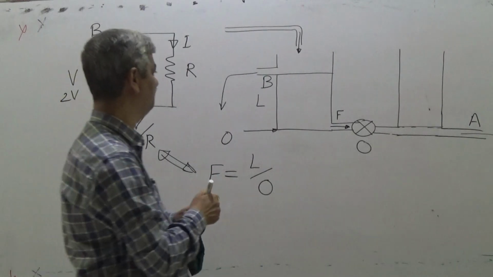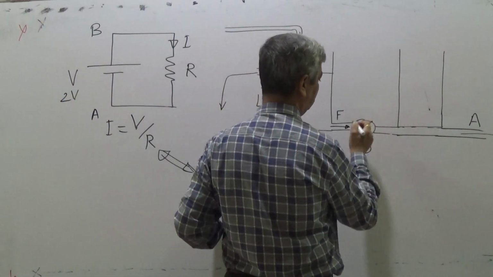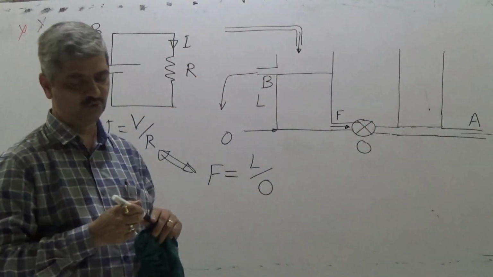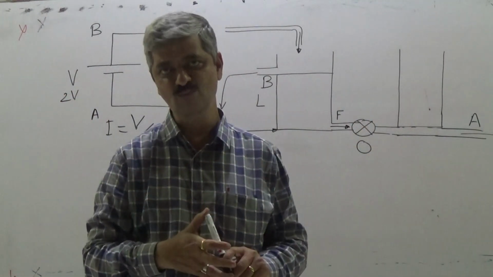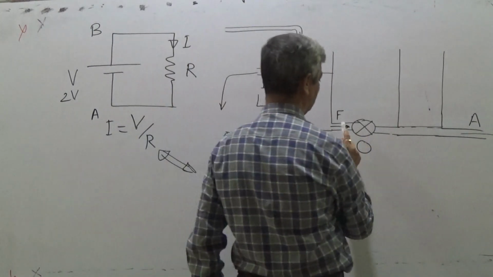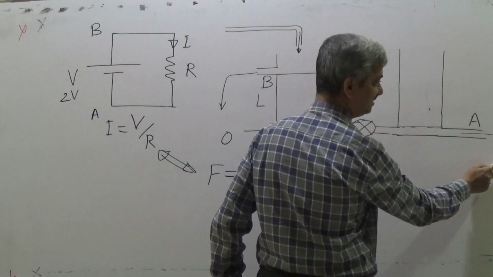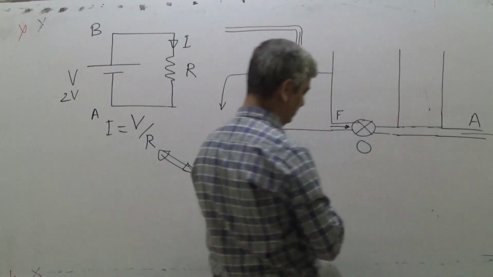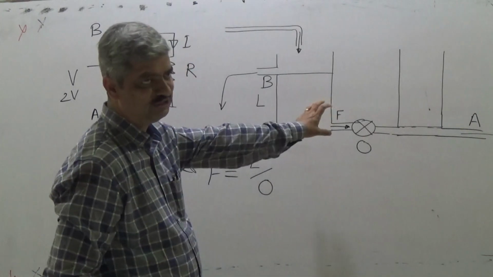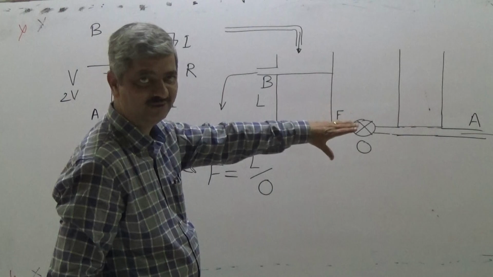So what will happen now? If this valve is closed more, more opposition, less flow. So this flow you can measure by putting a flow meter here or by actually collecting water from this drain and measuring using time. So if opposition is more, flow is less. If opposition is less, flow is more.